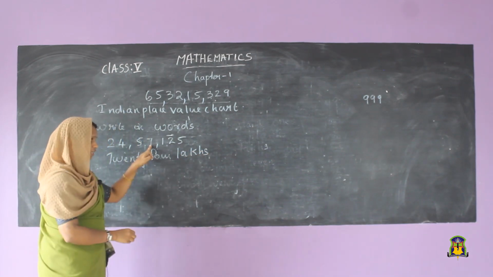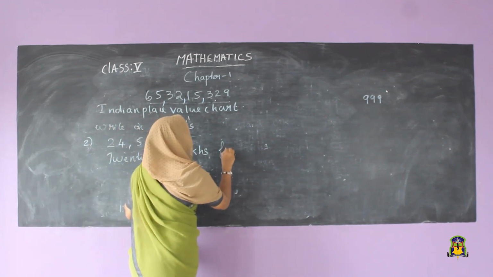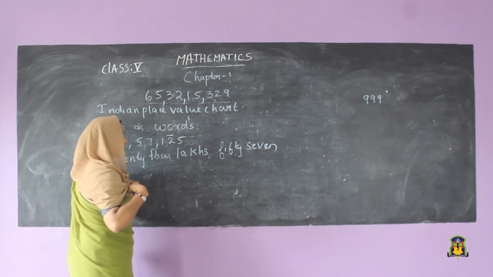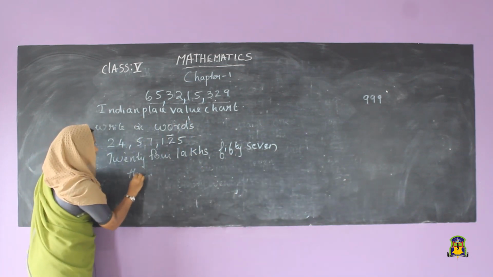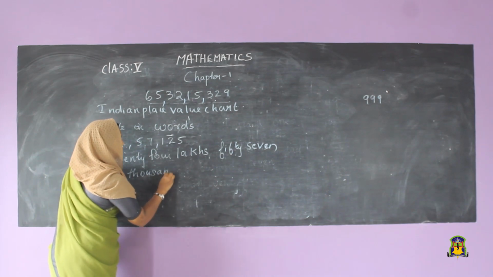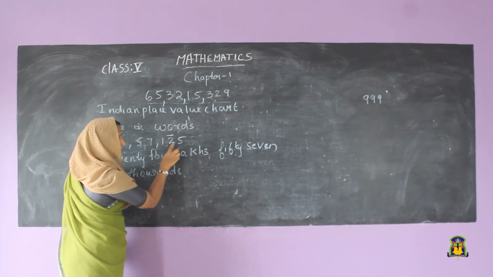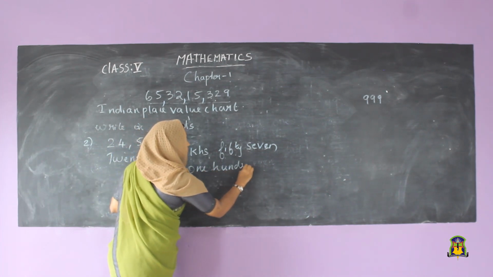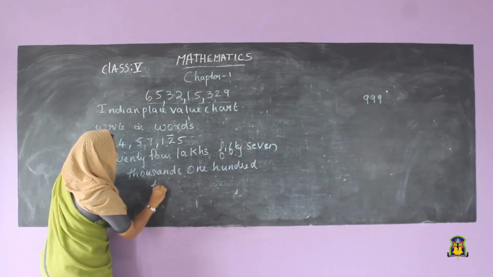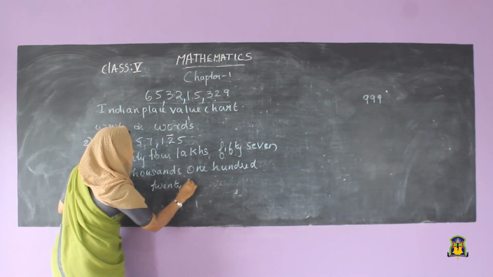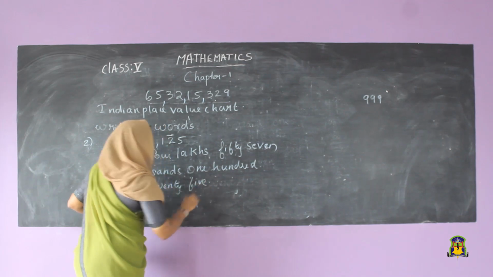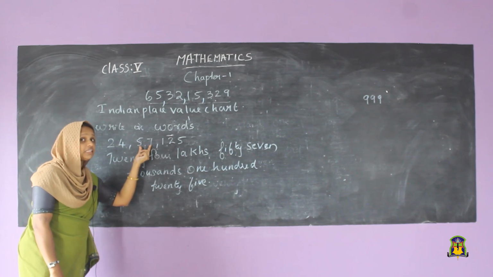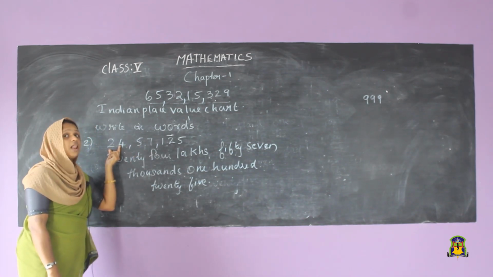Next 57 thousands, 57 thousands. Next 125. So first separate the ones period, then the thousands period, then the lakh period.